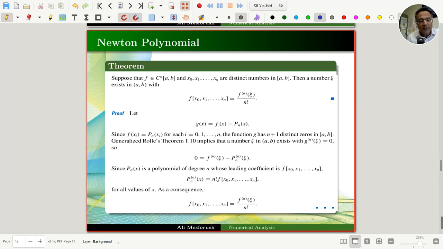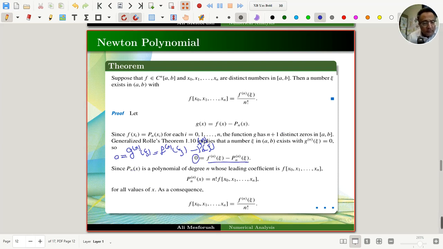You can take the nth derivative from both sides. We have written something like this: g^(n) of c equals f^(n) of c minus pn^(n) of c. We know that this is equal to 0 by the generalized Rolle's theorem, so the left hand side should be 0 and the right hand side is something like this.